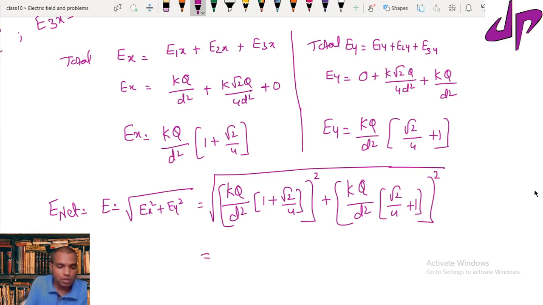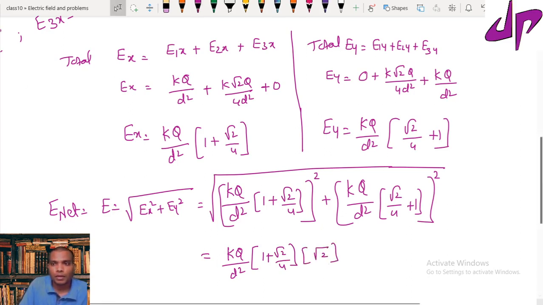These two are similar terms, so you can add and take out the common. I can pull kq by d square out of the root along with (1 plus root 2 by 4), and the leftover term is root 2.